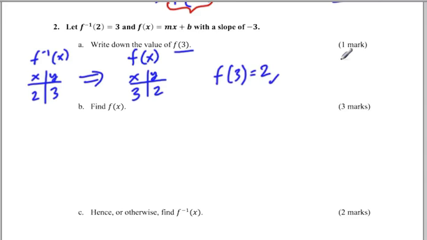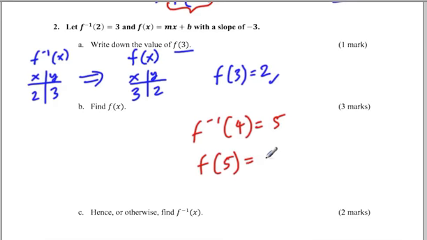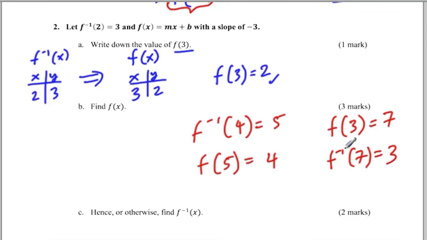And so this works always for any case. So say I'm just going to write a different example. Say I write f inverse of 4 equals 5, and I ask you, what is f of 5? F of 5 must be equal to 4, because they're simply inverses of each other. Let's say I write f of 3 is equal to 7. Then f inverse of 7 must be equal to what? 3, because that's just exactly how it works.